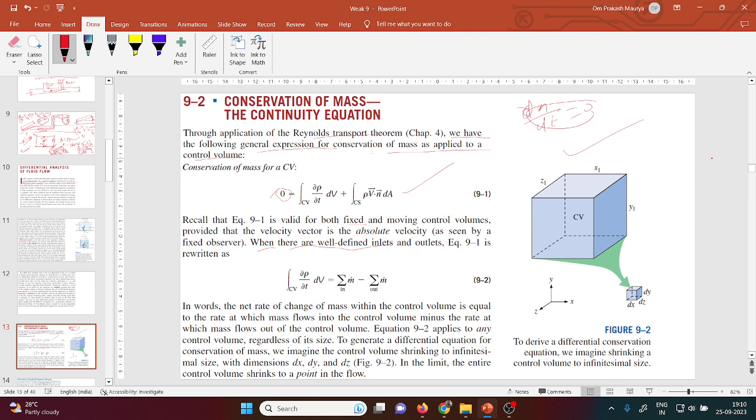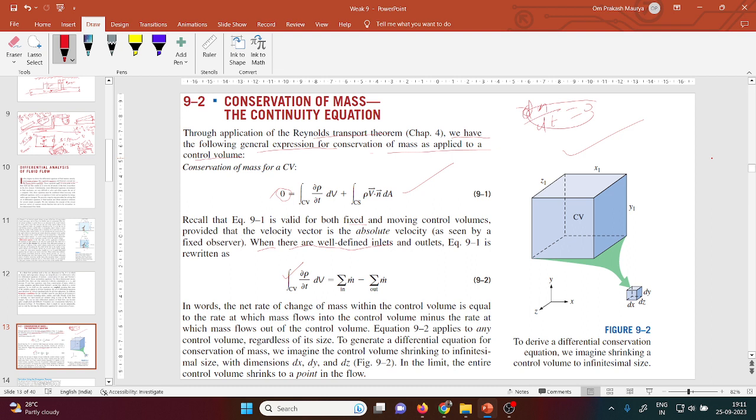If there is a well defined outlet, equation 9.1 is written like that.